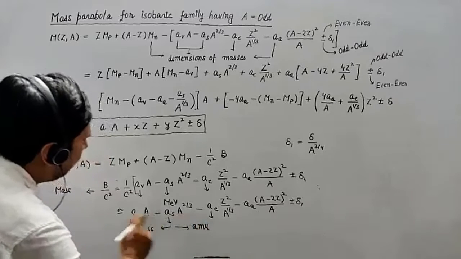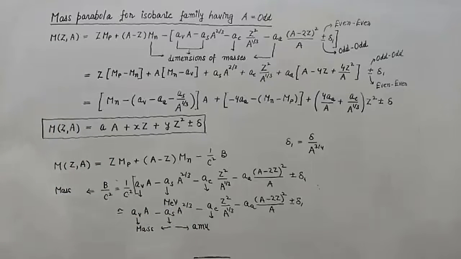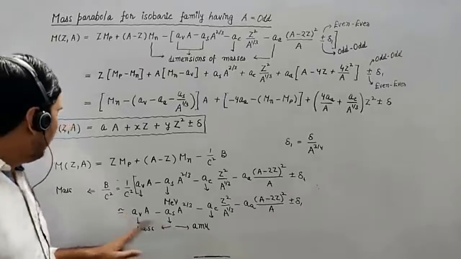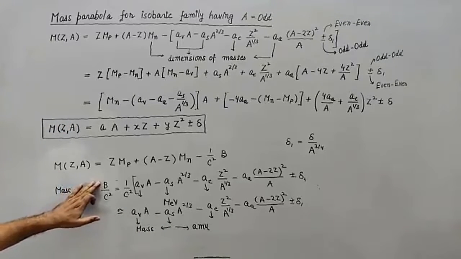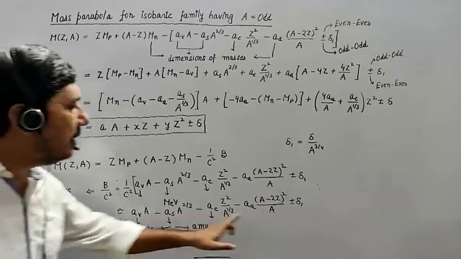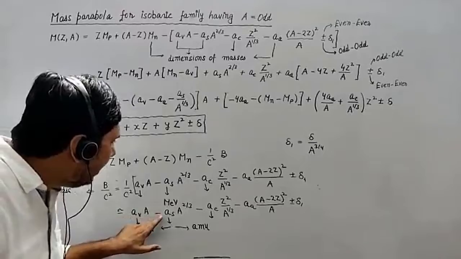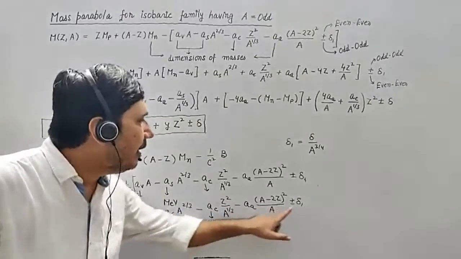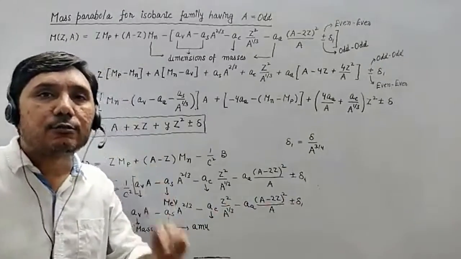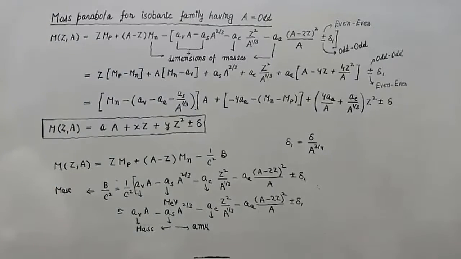So all these values of a_V, a_S, a_C and a_A will be in terms of amu. So I can always write B upon c square equal to this, but you have to remember that a_V, a_S, a_C, a_A and this delta 1, all these constants have the dimension of mass.